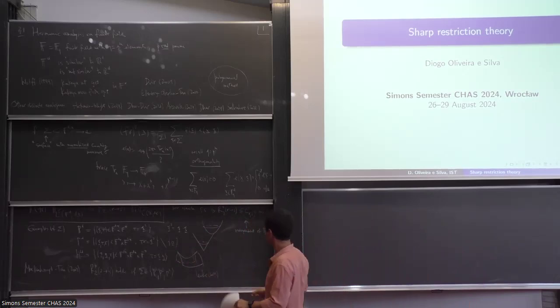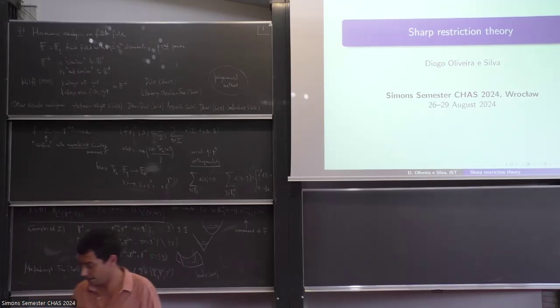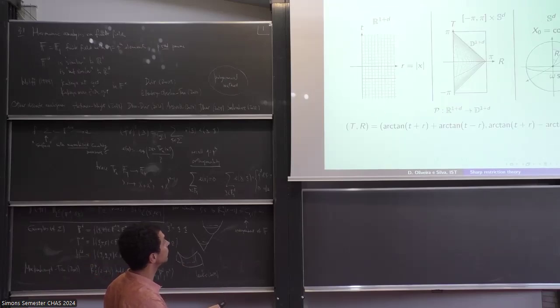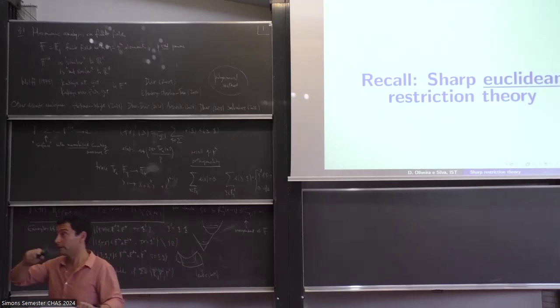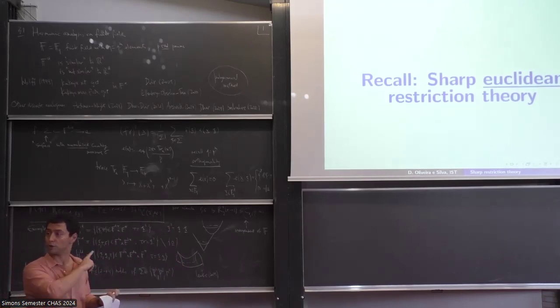All right, so let's make this short. I have some slides from the previous lectures, we've seen them already. But I would like to briefly recall the elements of sharp Euclidean restriction theory that we've seen in lecture 2, and that are important to make the comparison, the bridge to finite fields.